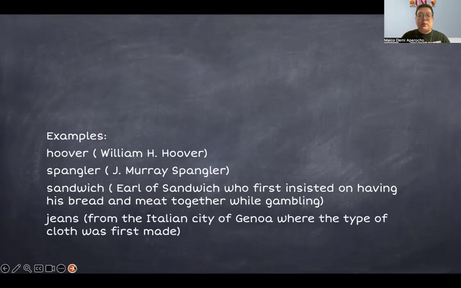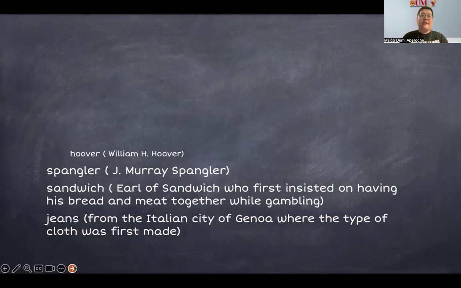We also have sandwich, from the Earl of Sandwich, who first insisted on having his bread and meat together while gambling. And then we also have jeans, which is from the Italian city of Genoa, where the type of cloth was first made. So just imagine the history of these words. They were all taken from specific places, names of places, or names of individuals.